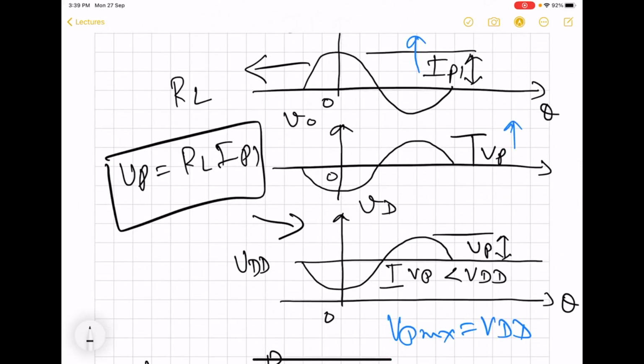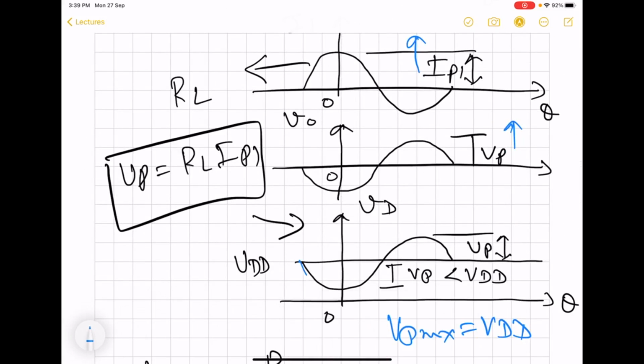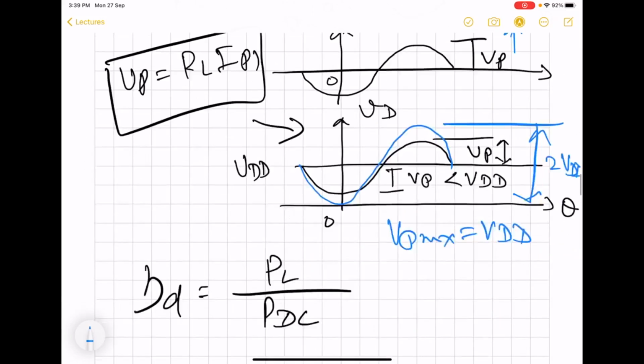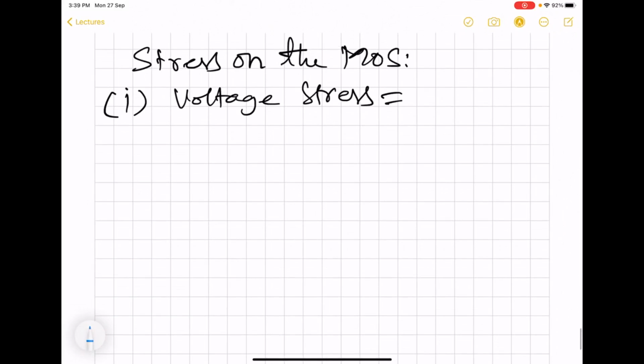So here we see that when we operate this circuit at the maximum efficiency case, the swing is going to be maximum, equal to VDD, like this. So the maximum swing of the voltage that it has to sustain is equal to 2 VDD. So this is 2 VDD.